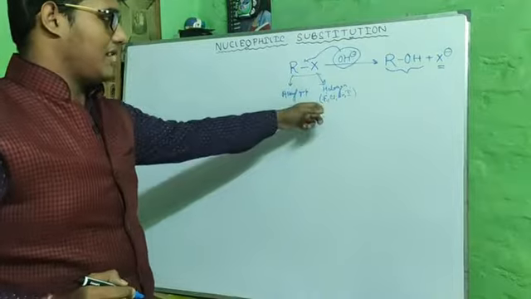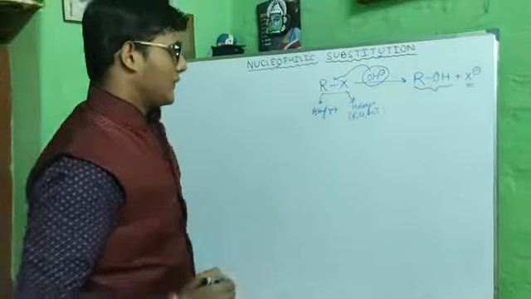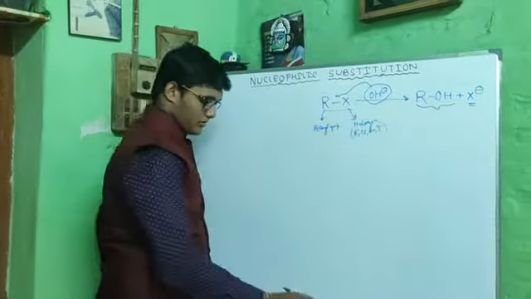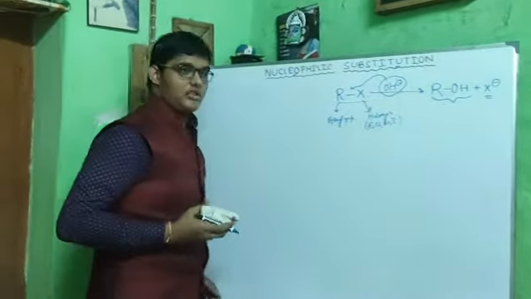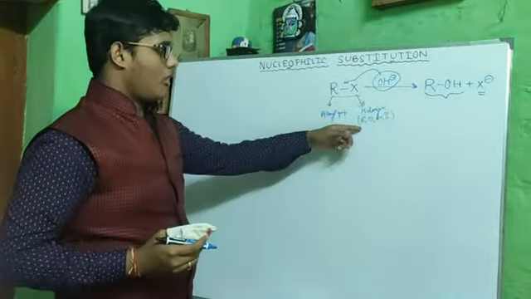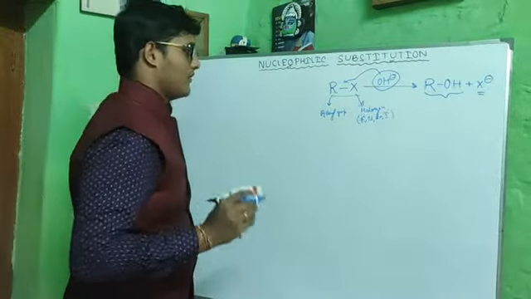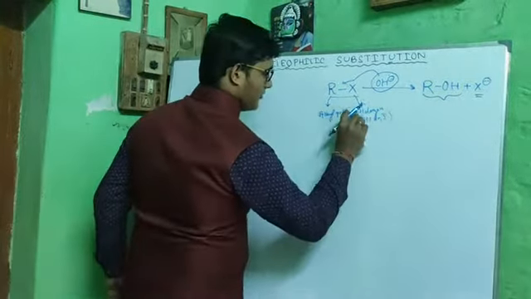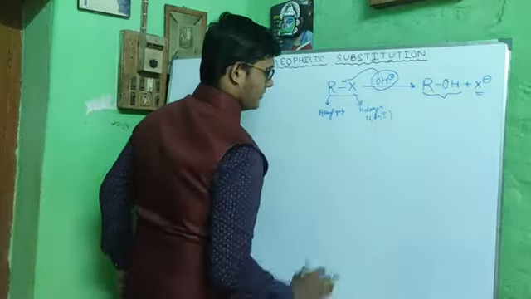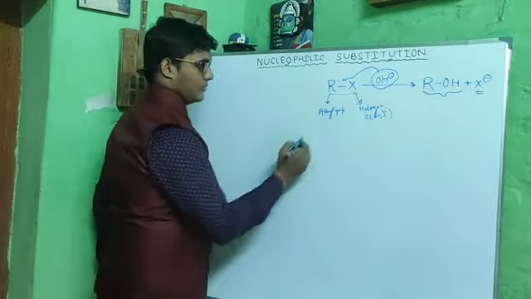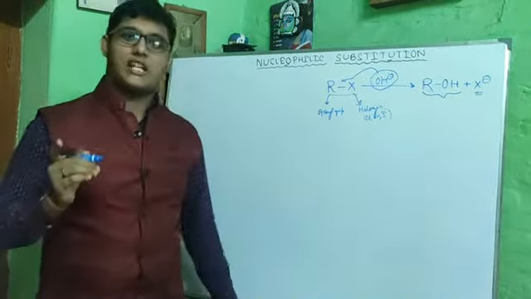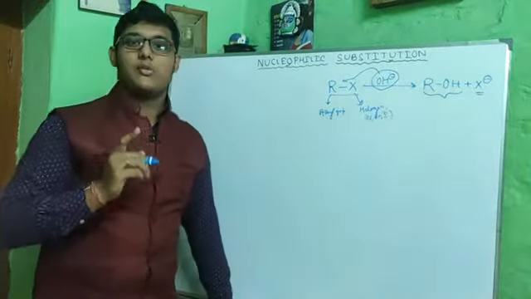That's why it is very hard to substitute fluorine from any compound, because the bond dissociation energy of a bond formed between fluorine and any other compound is always very high. And alkyl groups means the group that is made up of only carbon and hydrogen, and there is no double bond between them.